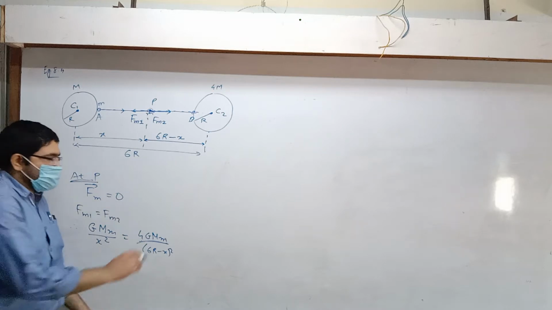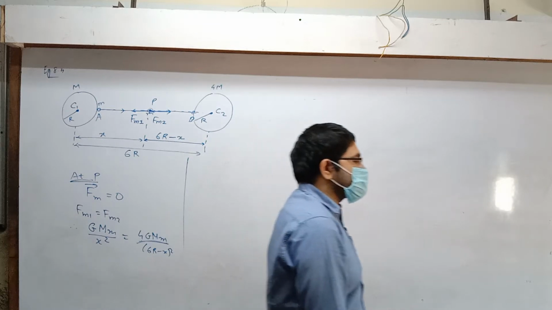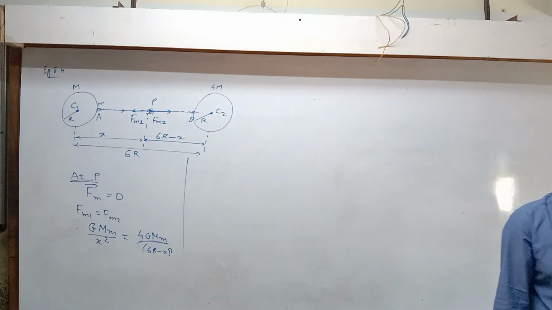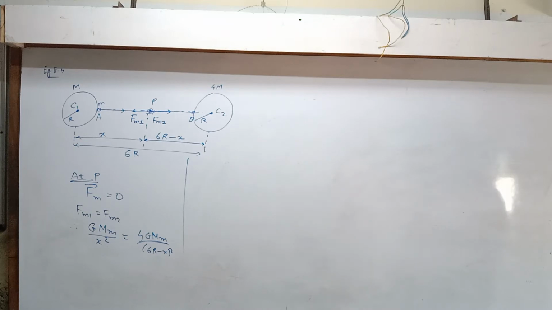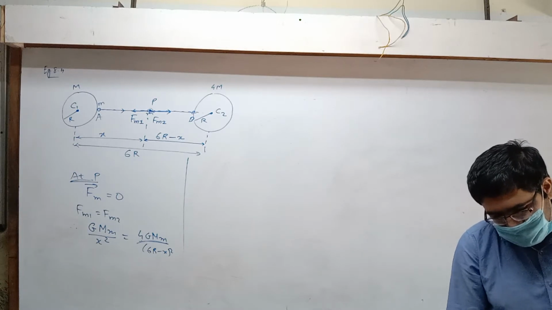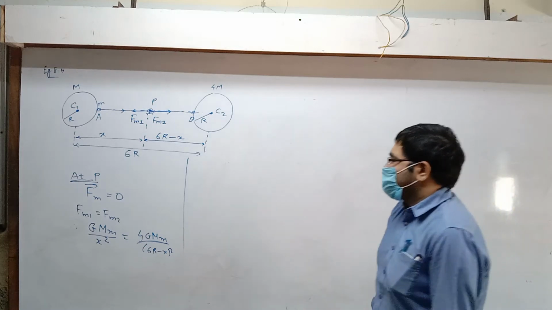Solve it. When you take the square root, you get plus minus, but one answer will be nonsense. Let's take the square root, it's easier. 1 by x equal to 2 over (6r minus x).